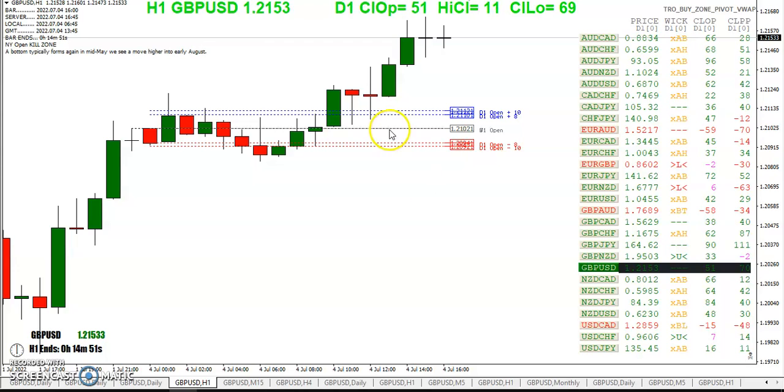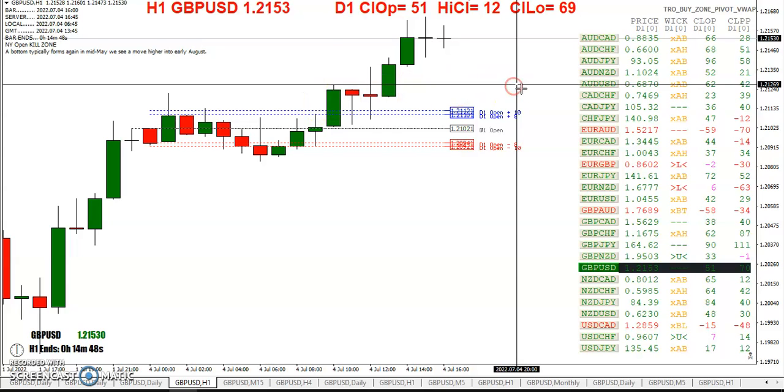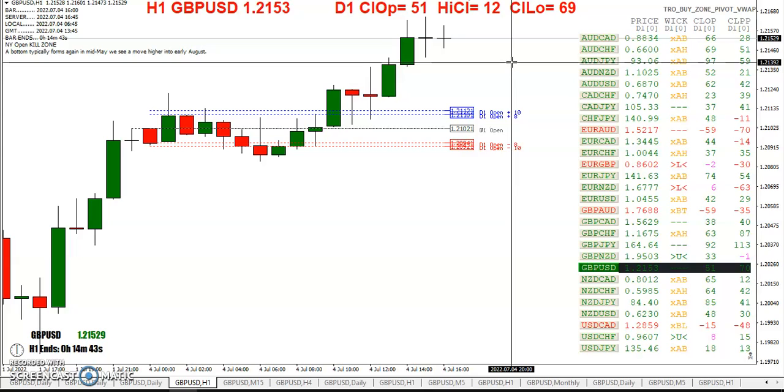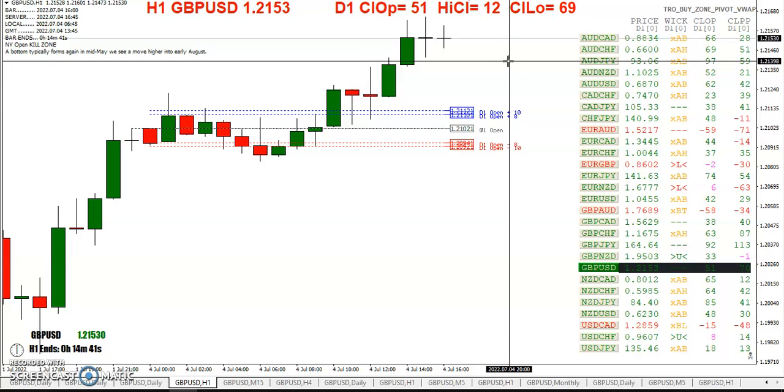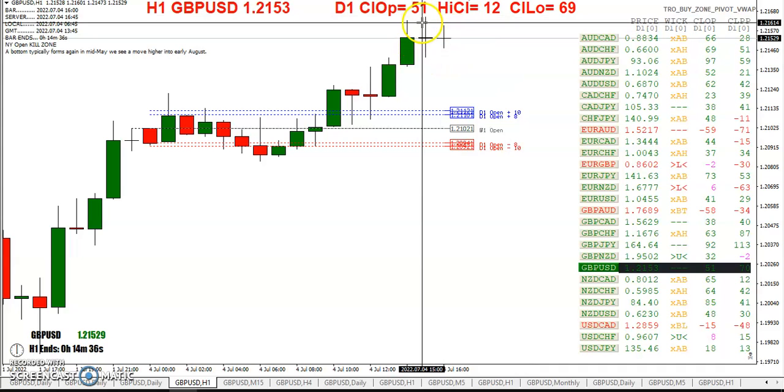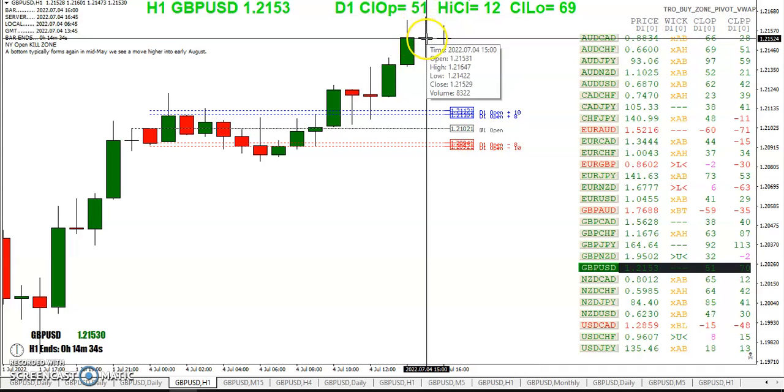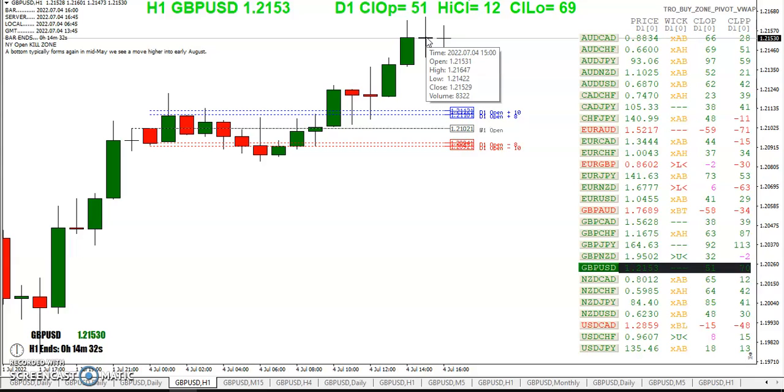But here we had a long trigger here, and if you notice, price came to 2140, and it launched again, and it hit a high of 2164.